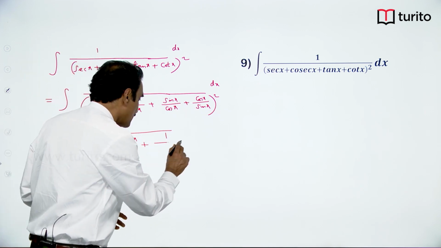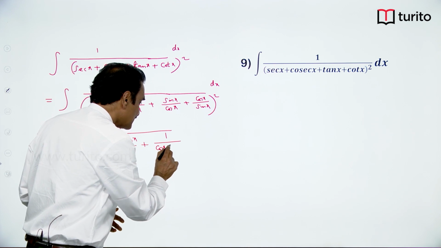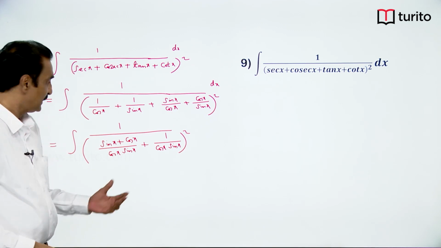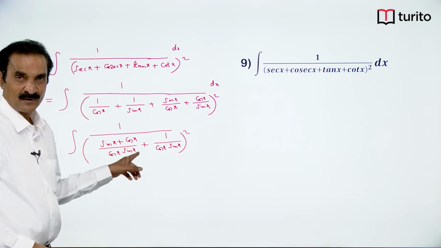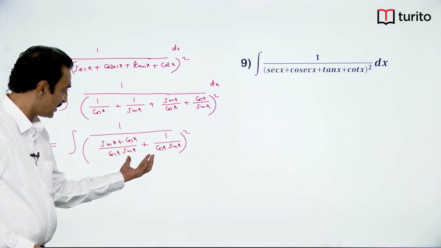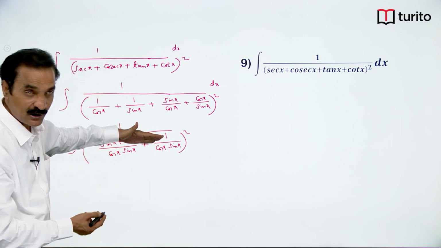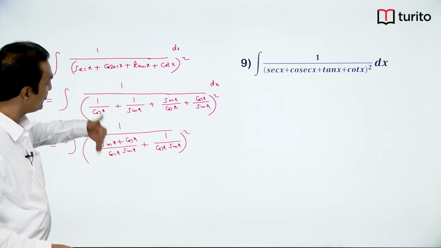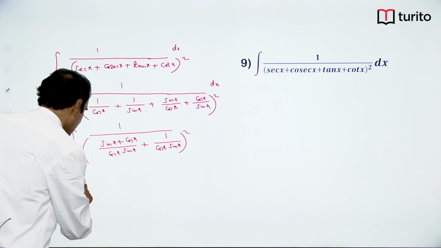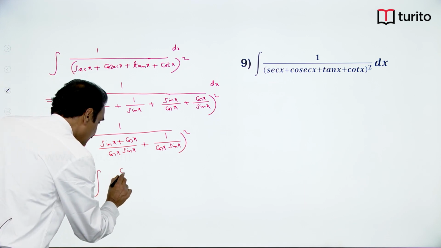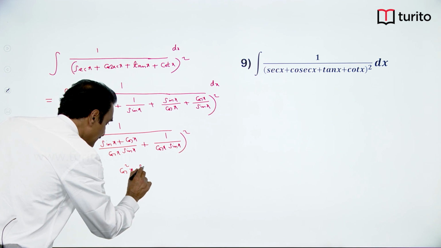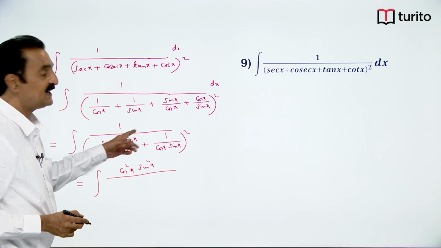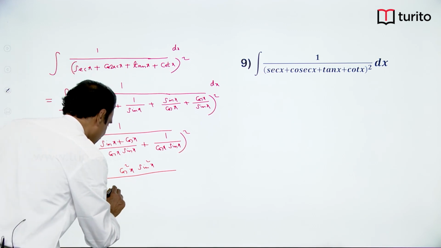So, it is 1 upon cos x into sin x whole square. Now, they have the same LCM, so we can write cos x sin x as common denominator, then it becomes cos square x sin square x, and it will go to numerator. What will you get? Cos square x into sin square x by sin x plus cos x plus 1 whole square.